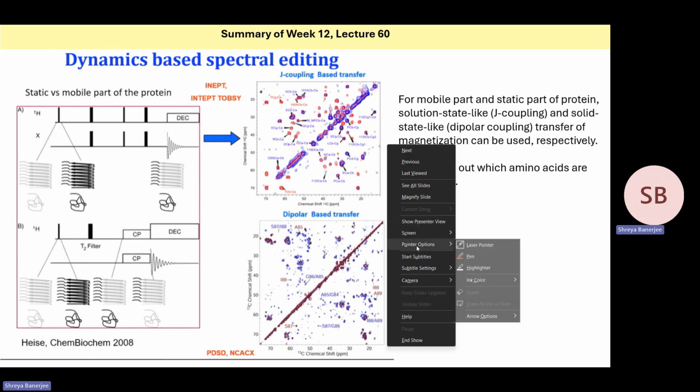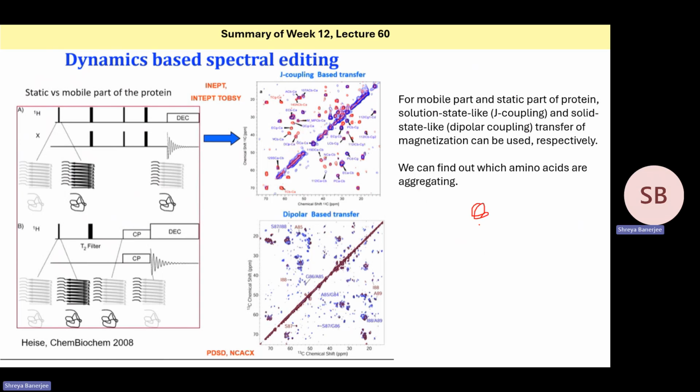They will give you ideas about which are the amino acids. So suppose you have a protein that has a static part and a mobile tail. This part of the protein can be studied by this INEPT or INEPT-TOBSY, that is the solution-state NMR. And they will give you which are the amino acids which are connected by J coupling, that is, they are in the flexible part of the protein.